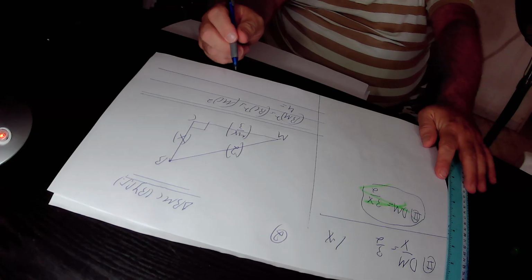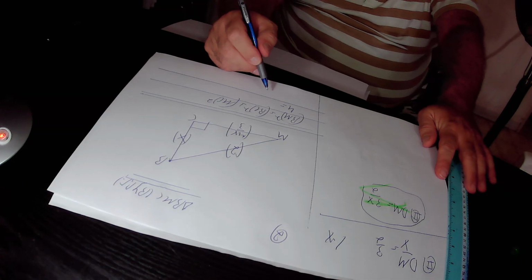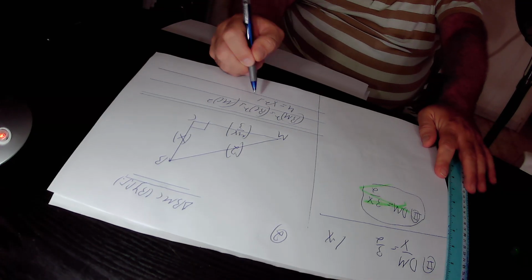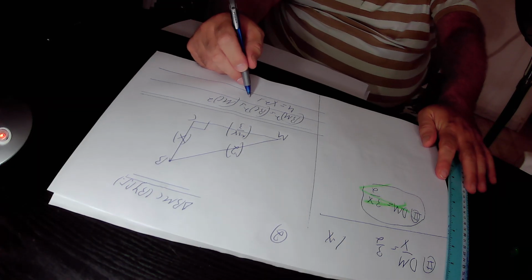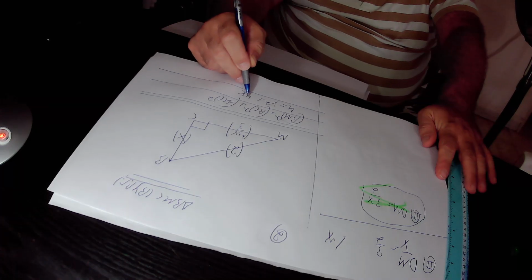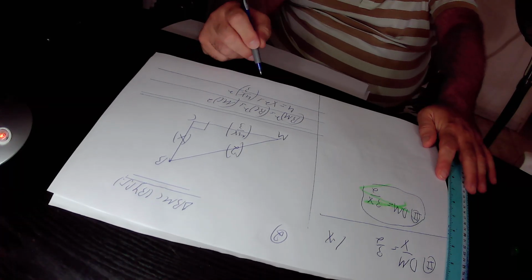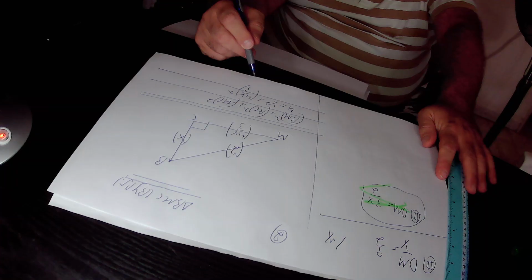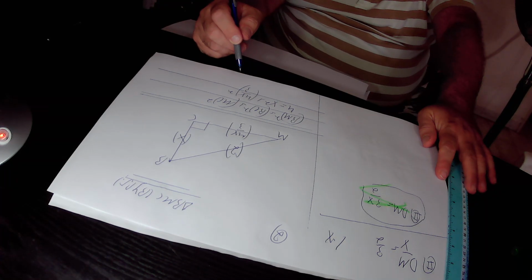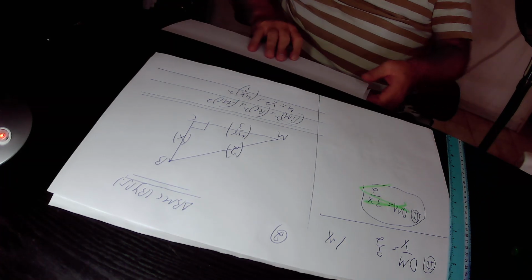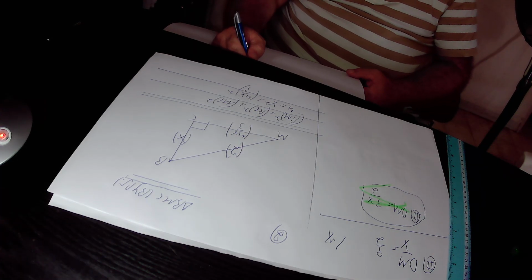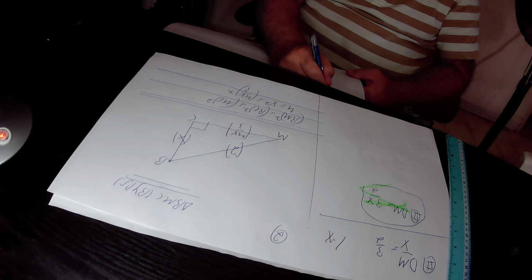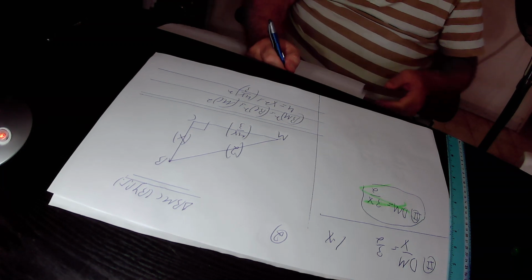BC is x, therefore BC squared is x squared, plus MC squared. MC is 4x over 3, therefore MC squared is 4x over 3 squared. So in total, we found out that 4 equals x squared plus 4x over 3 squared.